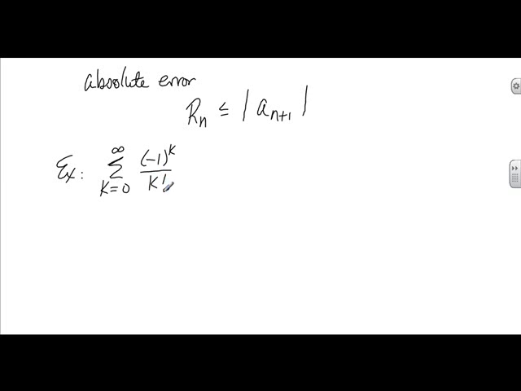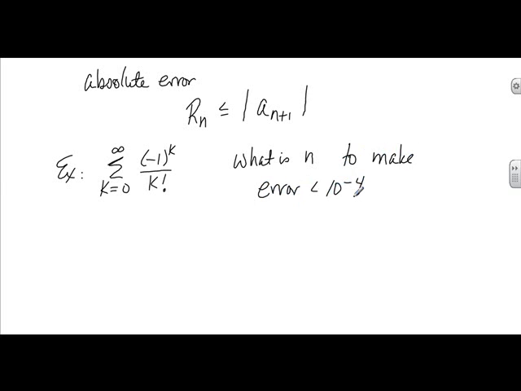How many terms do we need? In other words, what is the number n to ensure that the error is less than 10 to the minus 4th power? So that would be to make the error less than 10 to the minus 4th power.